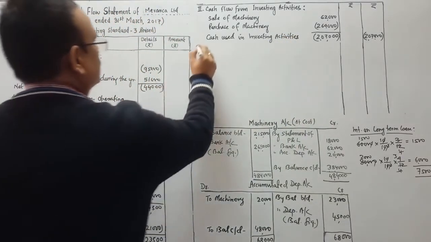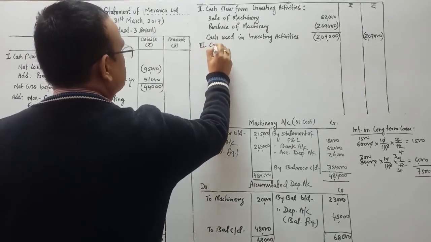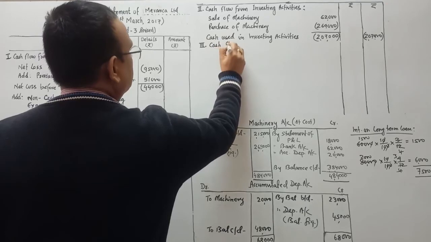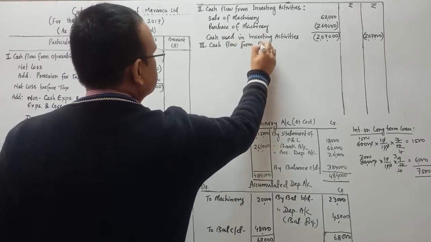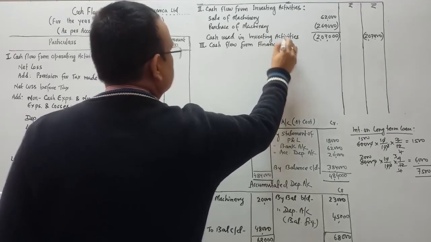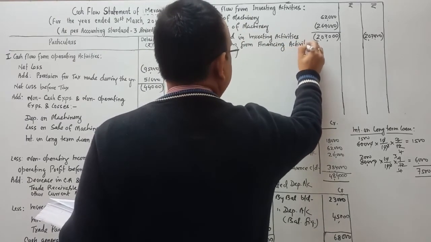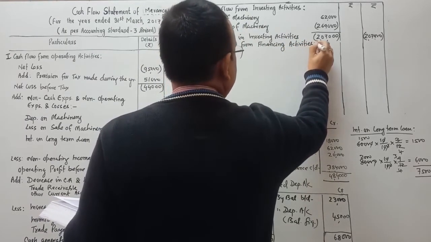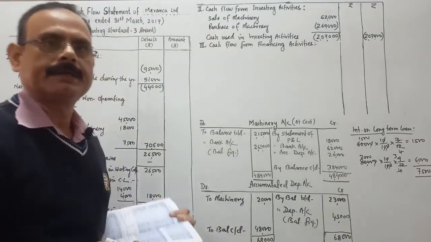Okay. Now coming to the third one, cash flow from financing activities. This is the third activity.